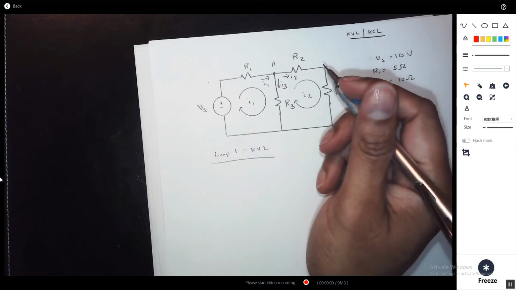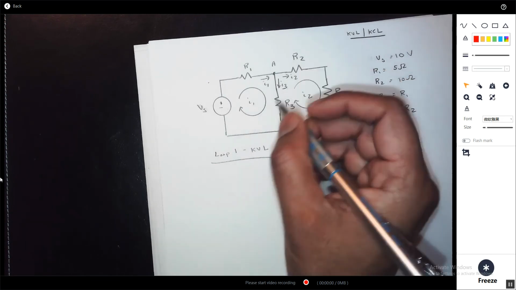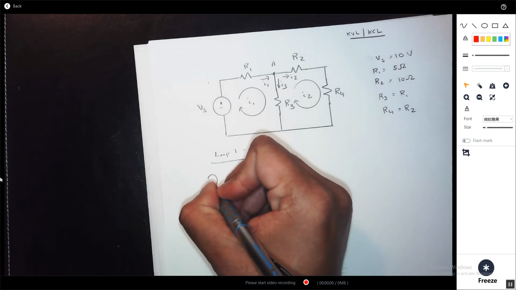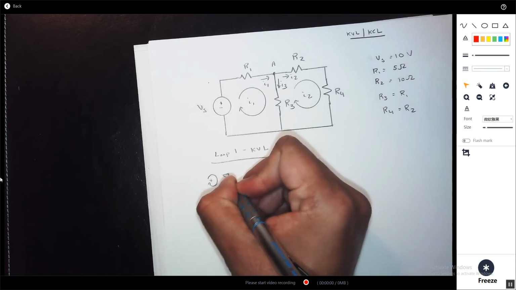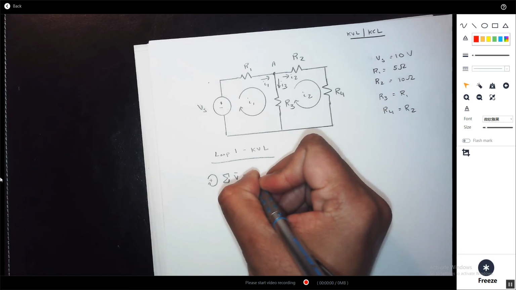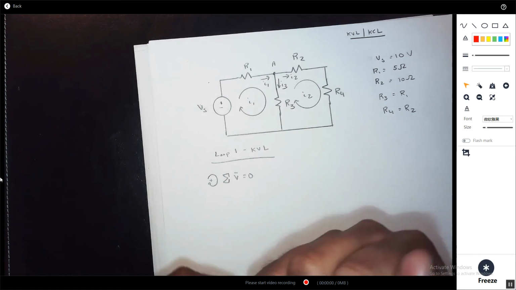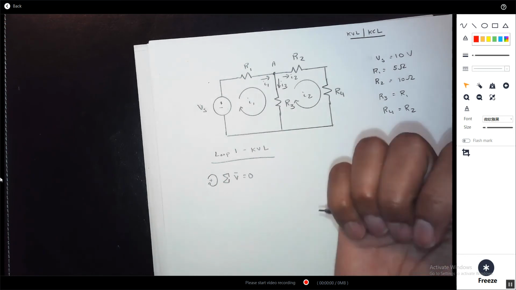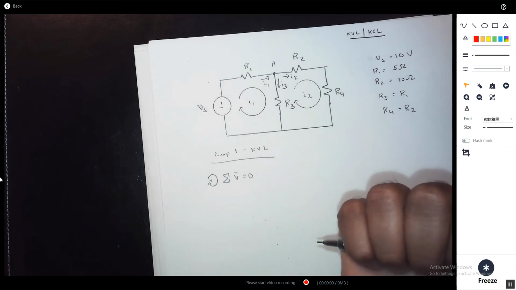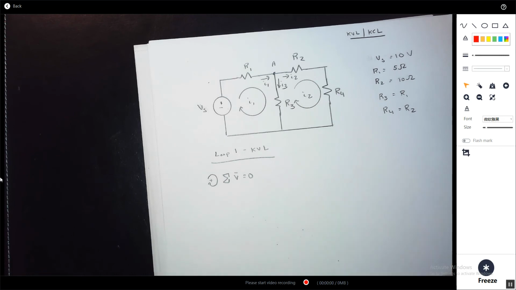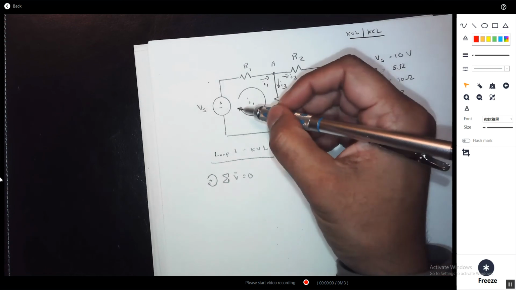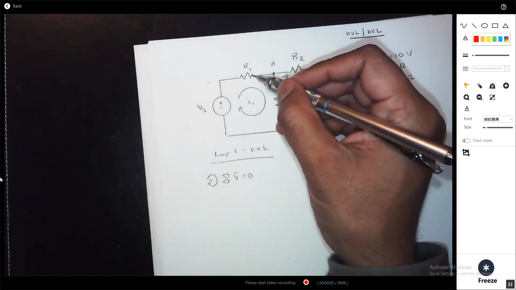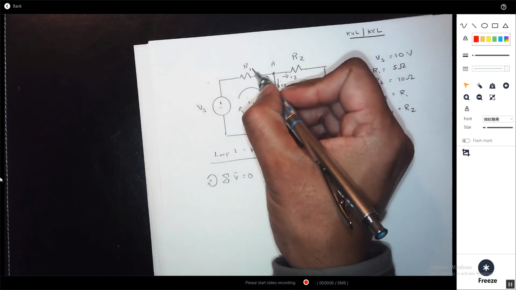And when we analyze this loop of KVL, we write sum of the voltage around the loop is equal to 0. Okay? That's the definition of KVL. Now, the current as it flows over R1, we're going to assume a voltage drop.